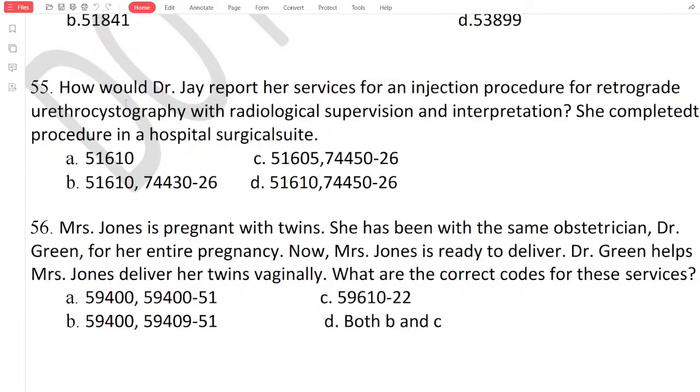Next, Mrs. Johns is pregnant with twins. She has been with the same obstetrician, Dr. Green, for her entire pregnancy. Now, Mrs. Johns is ready to deliver. Dr. Green helped Mrs. Johns deliver her twins vaginally. So, what is the code?